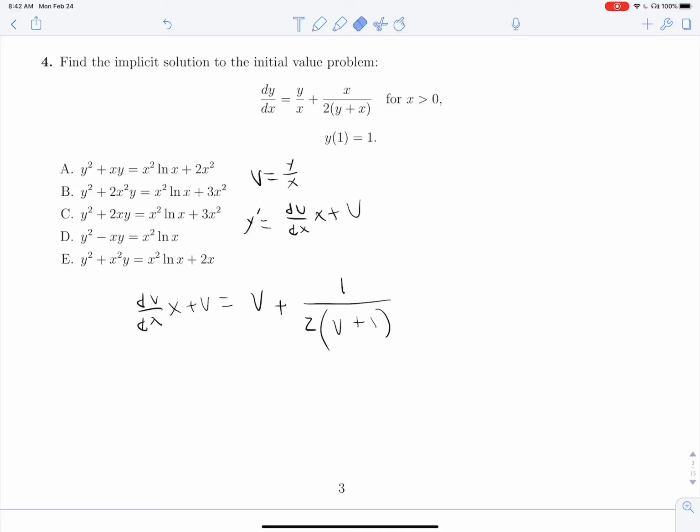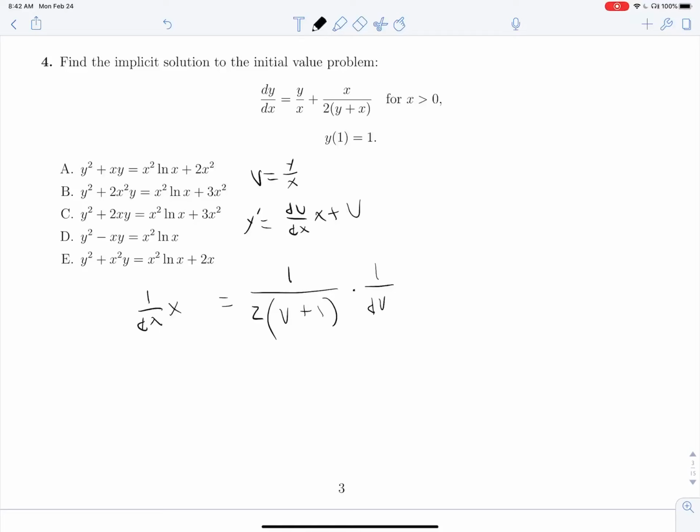We can quickly subtract a v from both sides. That will get rid of both of those. And let's see what we can do here. Let's divide dv over dx, times 1 over dv, and then flip both sides.